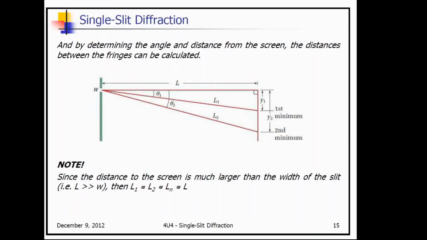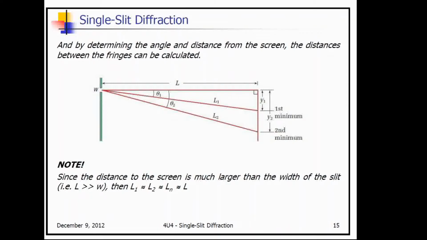So it would be our yn value, I guess we can say. So that little y distance here, y1, y2. So from the center of the central maximum to our first dark fringe and our second dark fringe would be y1, y2, y3, and so on.